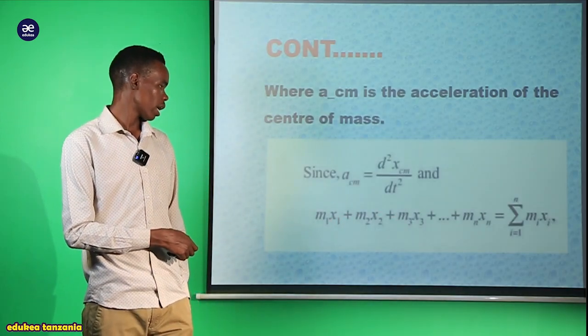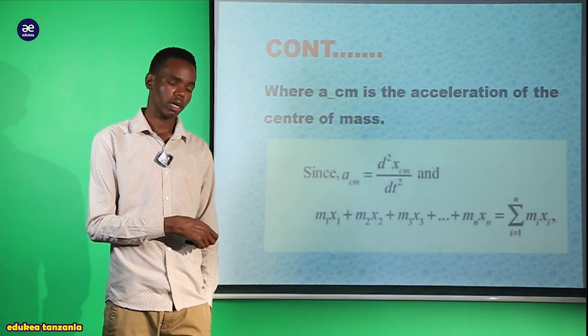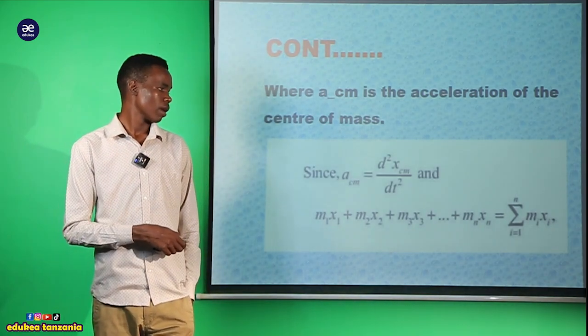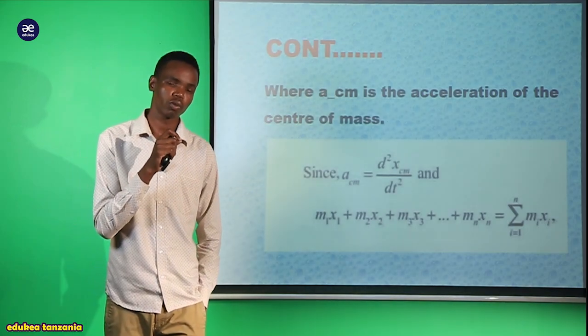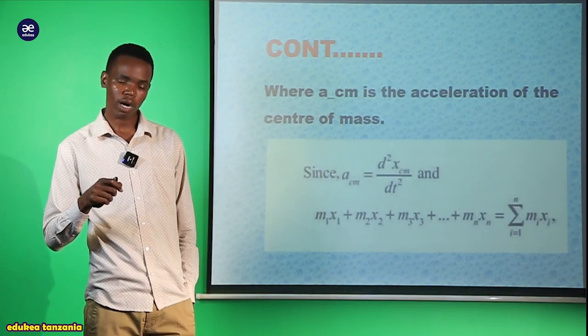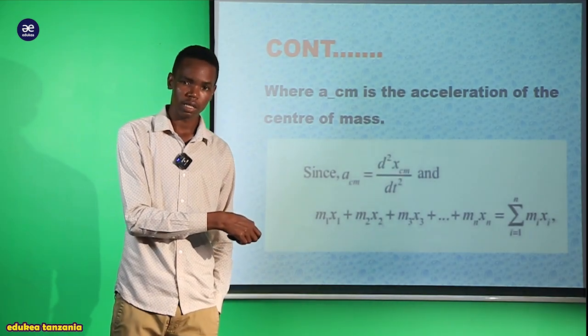And m1 x1 plus m2 x2 plus m3 x3 plus dash dash plus mn xn must be equal to the summation of mi, with i starting from 1 up to n terms, times xi.